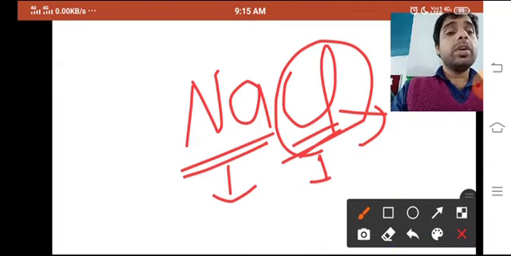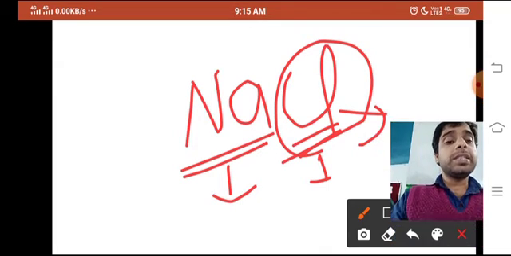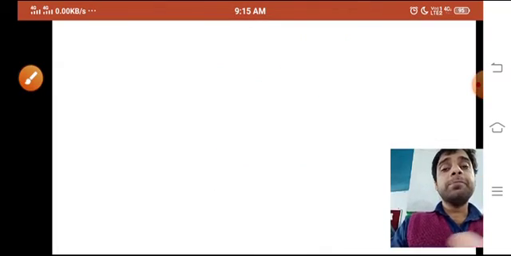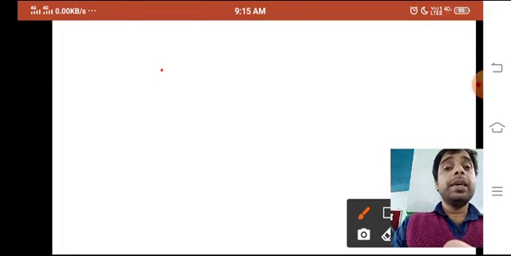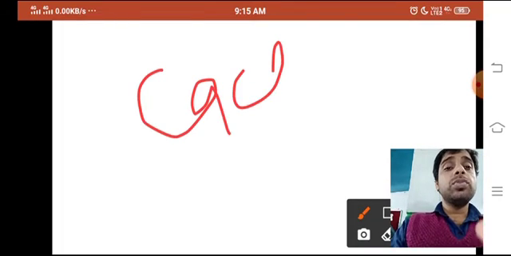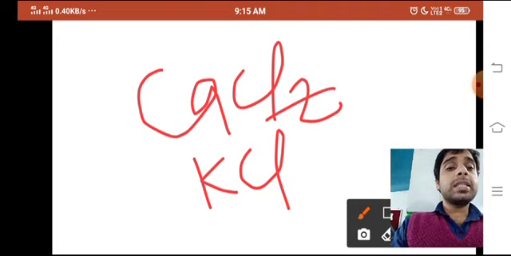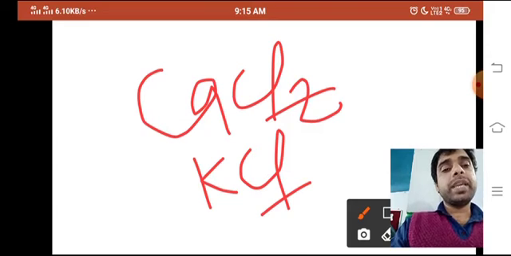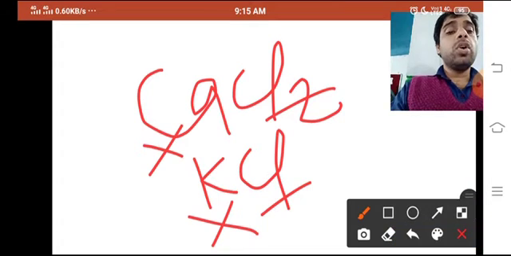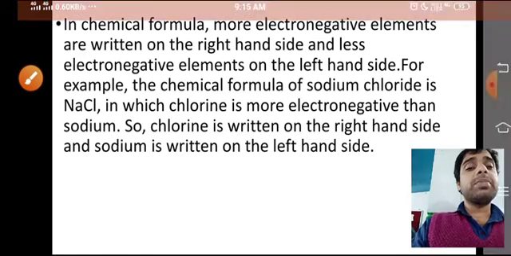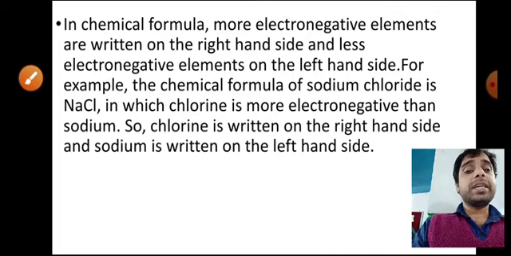You can also take the examples CaCl2 and KCl. Chlorine is always placed on the right hand side, and by seeing this we can say that it is more electronegative as compared to calcium and potassium. So more electronegative elements should always be placed on the right hand side.